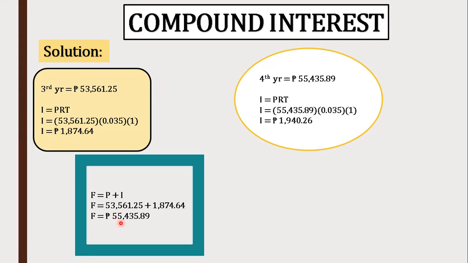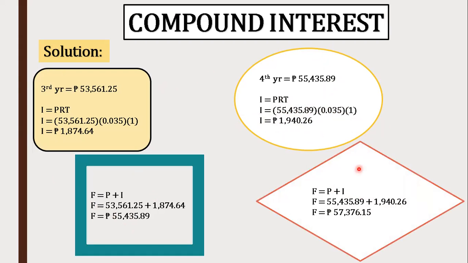So this is the past year, which is the third year, and this is the next year. So that's where we base our principal. Principal will be based from the future value of the past year. Therefore, when you multiply here the given, we have 1,940.26.